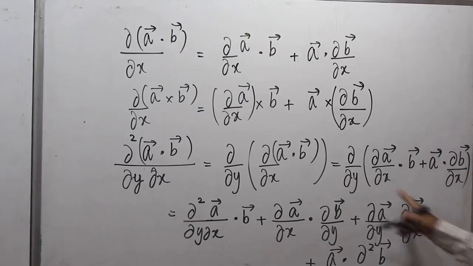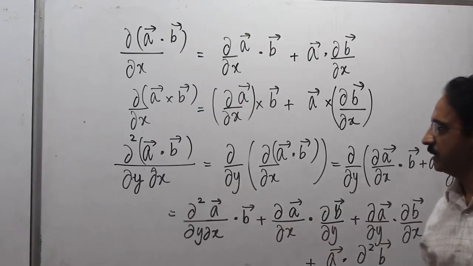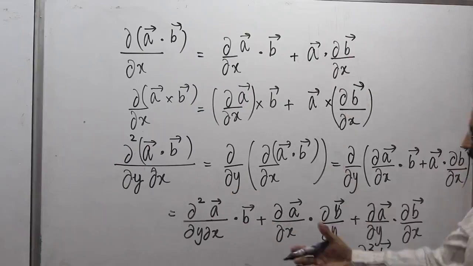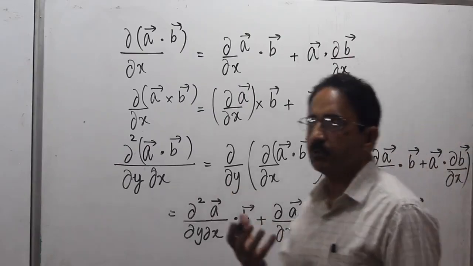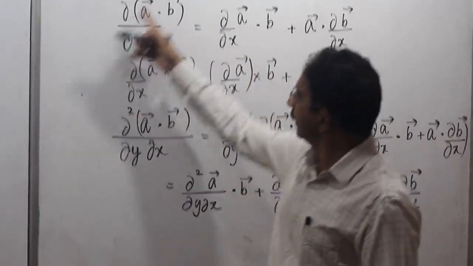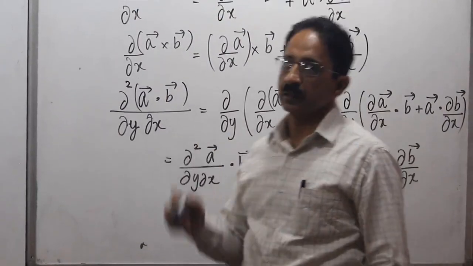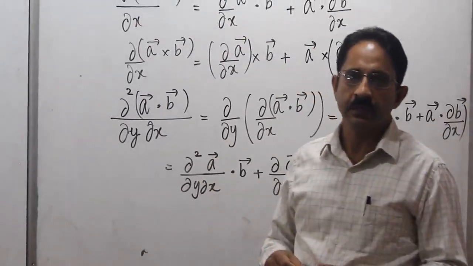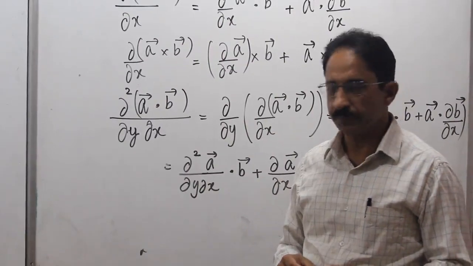So this result is the second derivative of a dot b. Using your previous knowledge, you can arrive at these results in the same analogy as we have done for scalar functions.